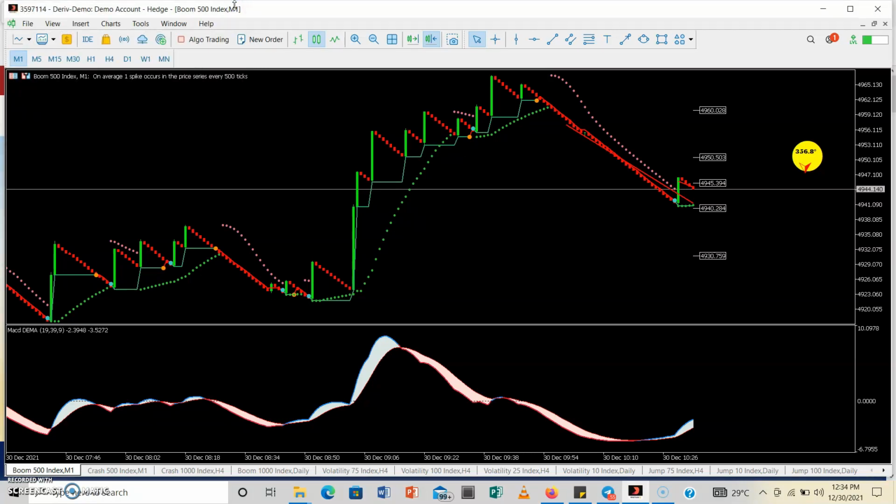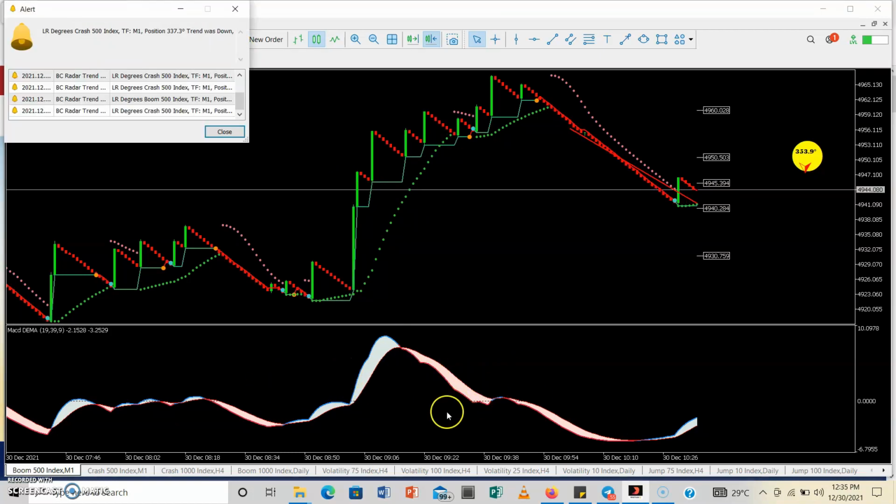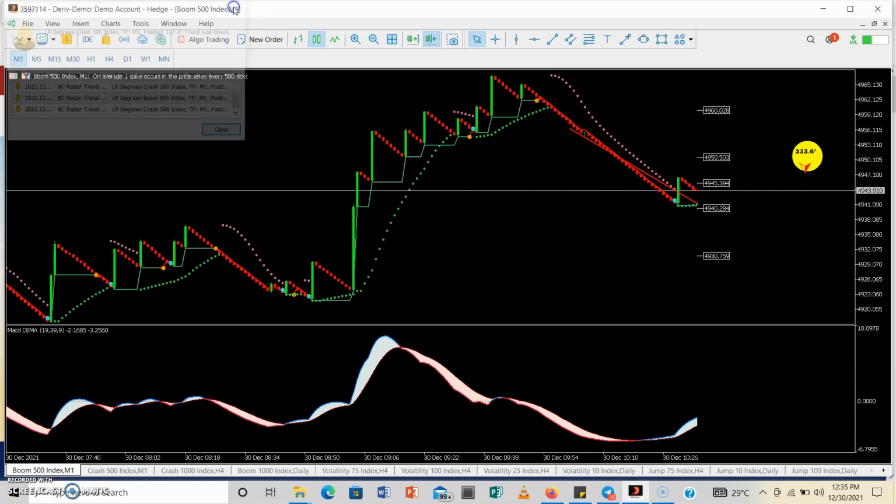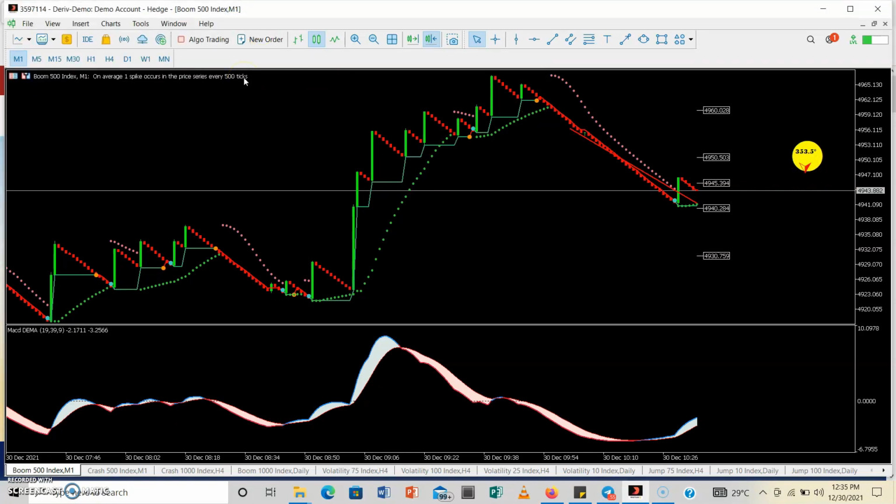The first one is this one that you see right here, and also we have this line and the dots that you see there, and then also these dots from the parabolic SAR, and then we also have this radar trend. We are going to be using a 1 minute time frame, but this strategy works on any other time frame, as long as you find your perfect entries.